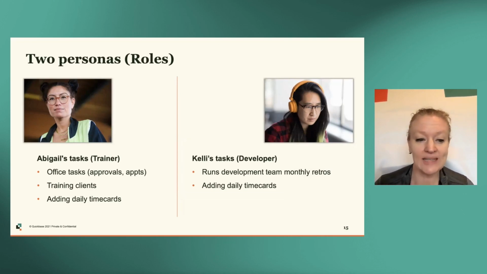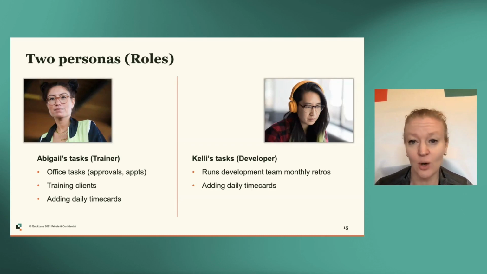So these are two examples, and there are probably other roles in this application that we're not even talking about, and I'm sure you have more than two roles in your applications. But Abigail, the trainer on the left-hand side, does different tasks than the developer on the right. She does office tasks, approvals, appointments with her clients, training sessions with her clients, and daily time cards.